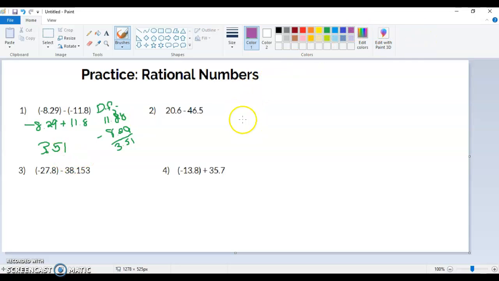Okay? Looking at this one, if I think about it as add the opposite, I keep 20.6, I add, and the opposite of 46.5 is -46.5. Okay, they're different signs, so I'll subtract.